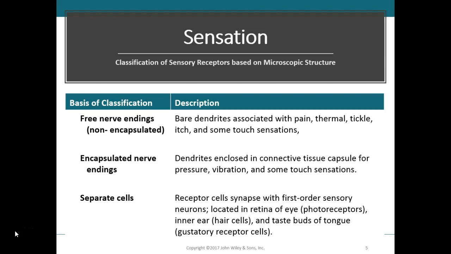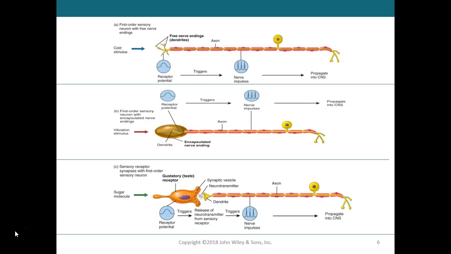So a lot of these will include the cells that are involved in hearing and equilibrium, and also some of our taste cells and some of the receptors associated with vision. So here you can see an example of each of these. Here we have receptors that are free nerve endings. They, of course, are just going to be those receptors that detect that stimulus and bring it into the cell.